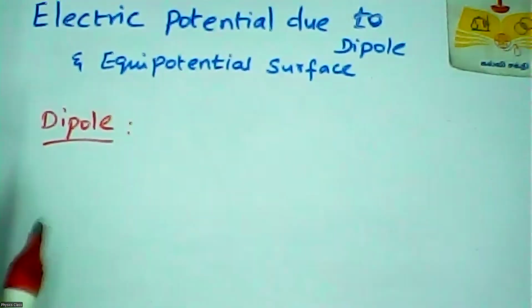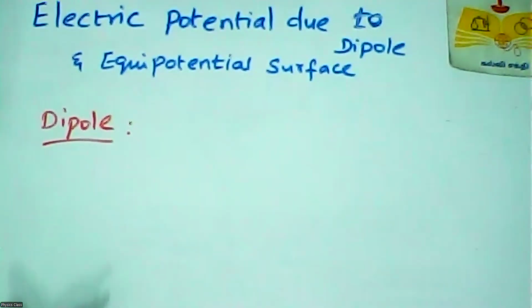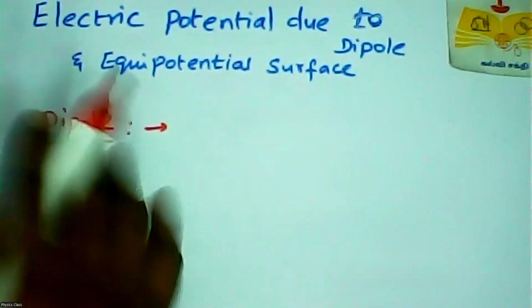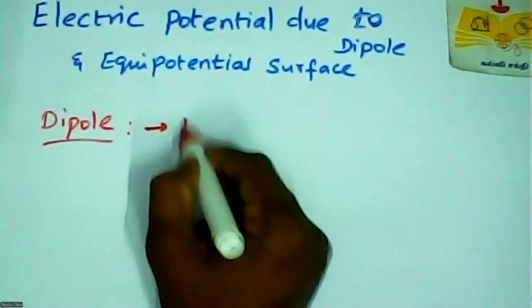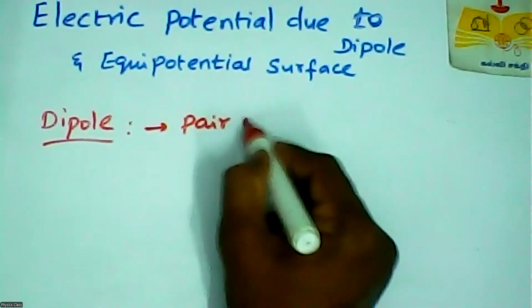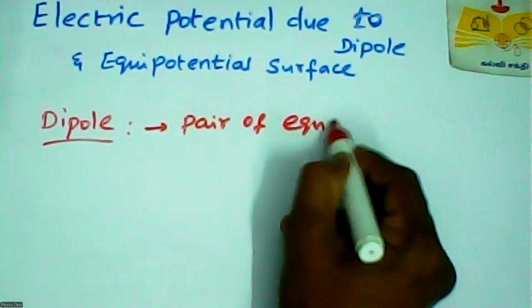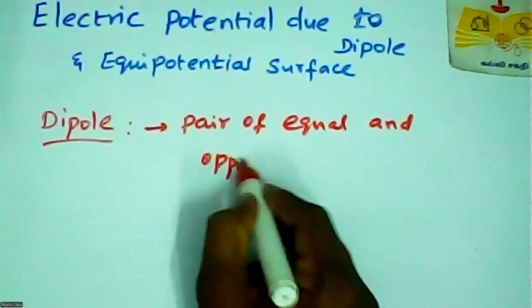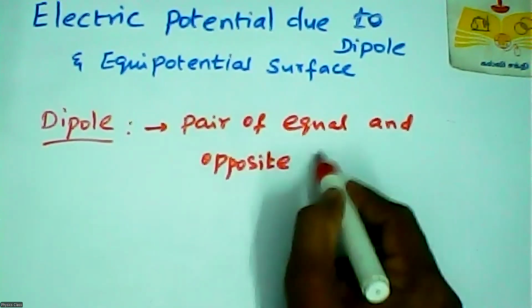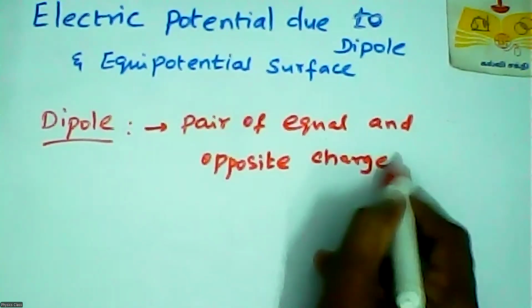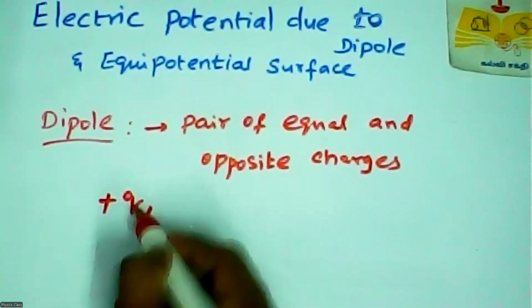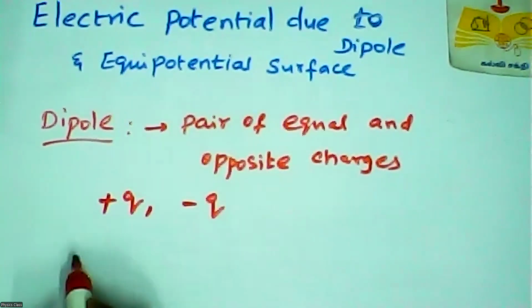So here, in terms of charge, a dipole is a pair of equal and opposite charges. For example, we can take plus q and minus q.